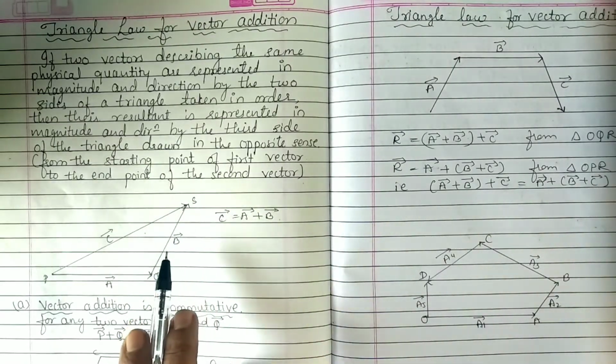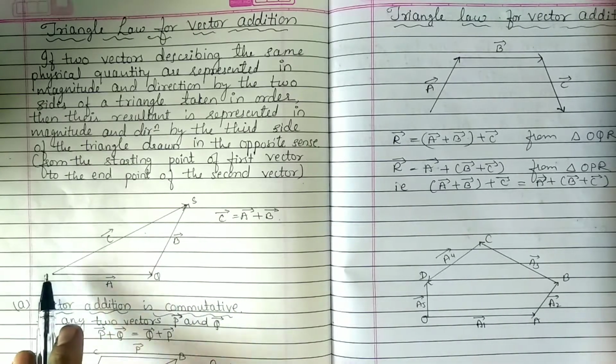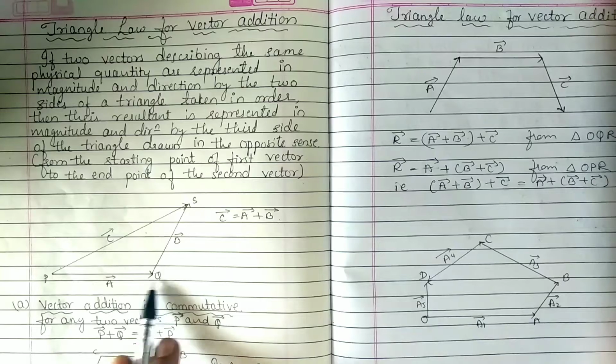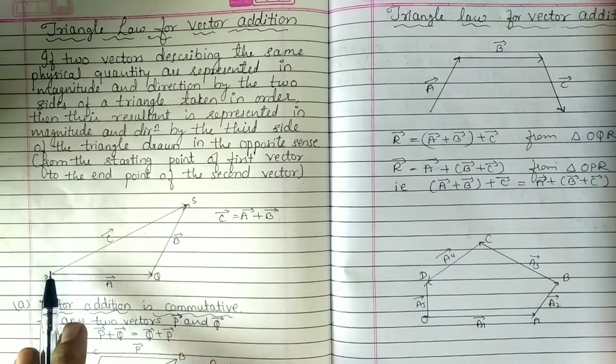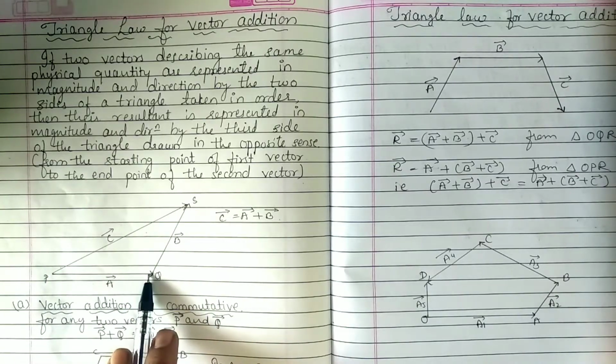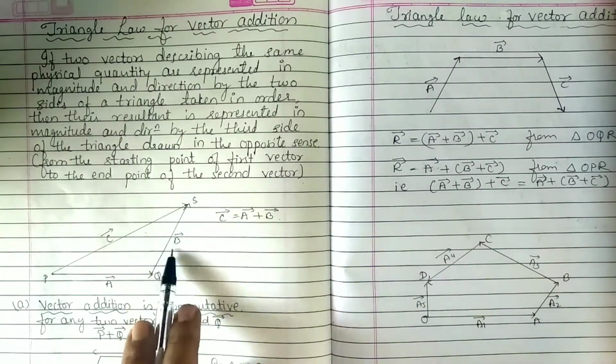Then the resultant should be drawn from the starting point of the first vector. A is the first vector, so the starting point is this. So the resultant should be drawn in an opposite sense, starting from the starting point of the first vector to the end point of the second vector. What is the second vector? B. What is the end point?